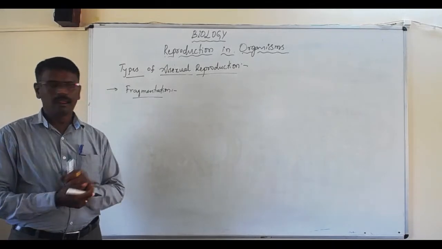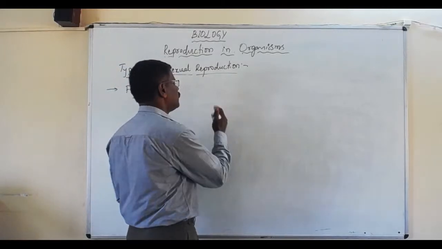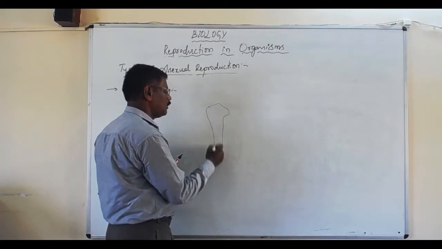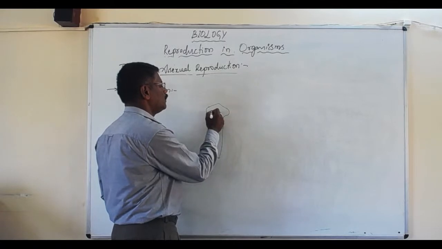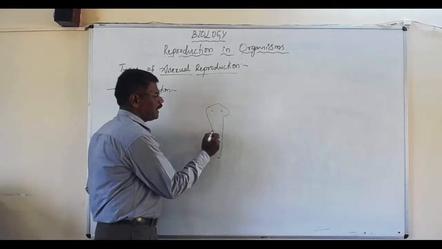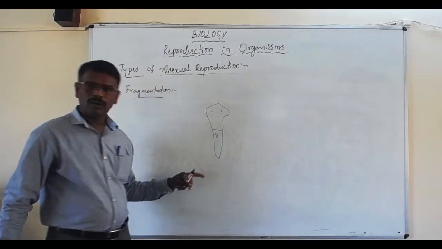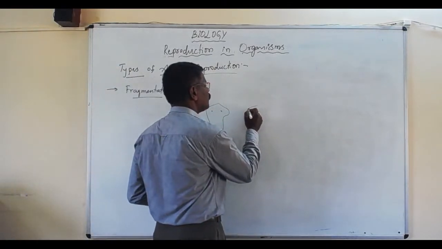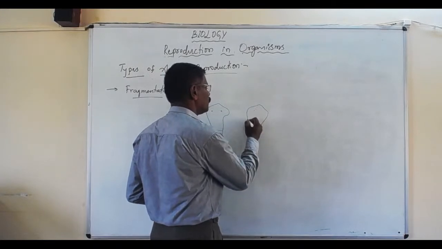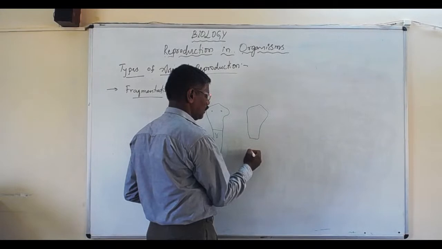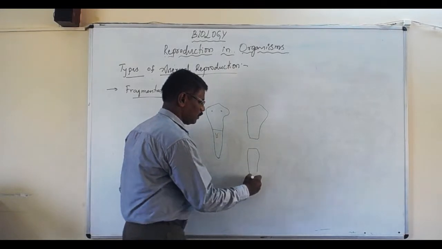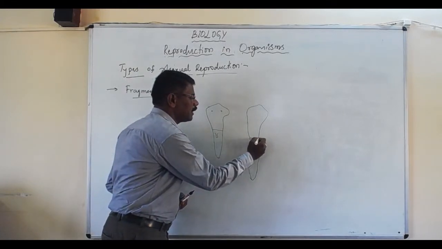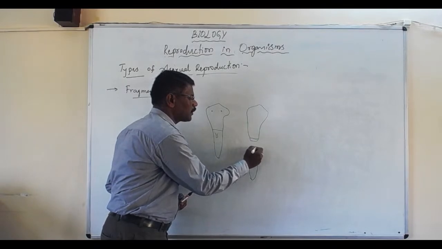So that is what happens in planaria. It is divided into fragments. In these two fragments, growth occurs where there are the broken parts.